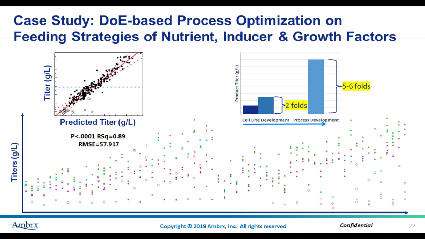A simplified feeding strategy was implemented during the clone selection, and the titer was increased twofold. A more complex feeding strategy was implemented during the process development, and the titer was increased 5 to 6-fold. So cell line, medium, and the feeding strategy are the three keys for the cell culture platform development.